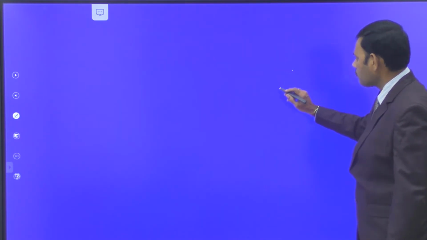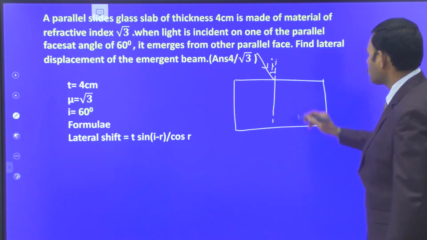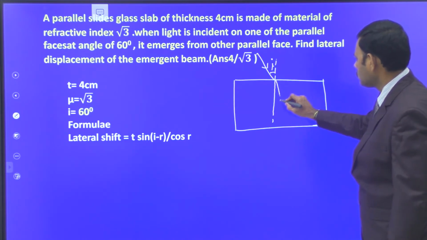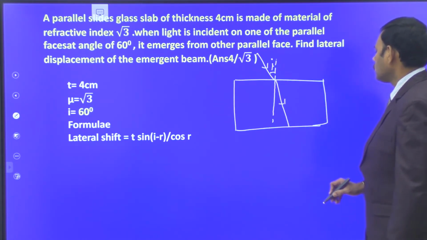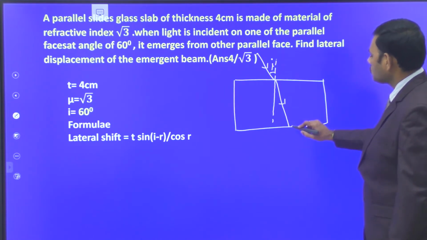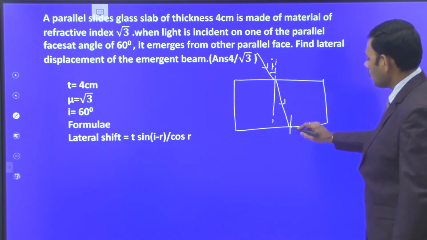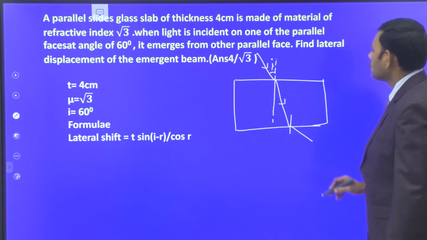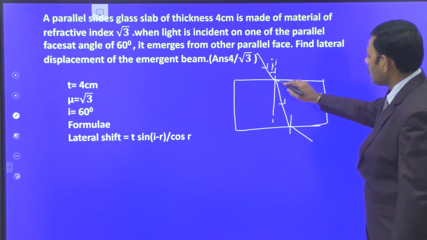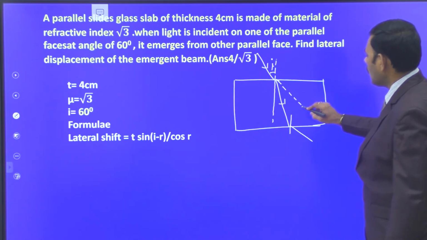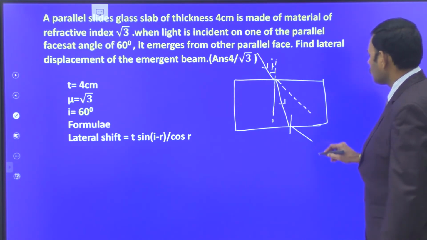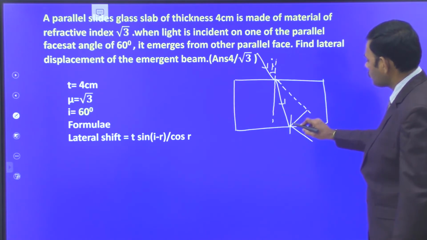So here we are observing the light ray bends towards the normal like this during refraction. Then after this it may emerge out like this. Then actually this is the incident light ray. If there would be no the glass, it would continue along this direction. This is lateral shift, students.